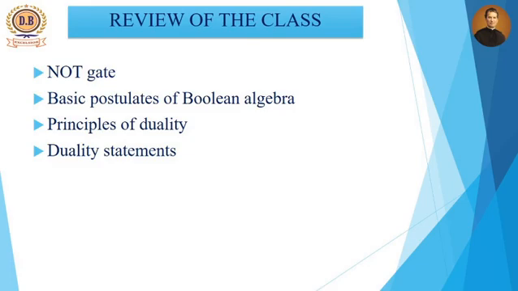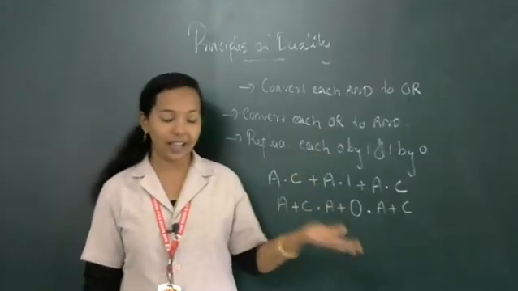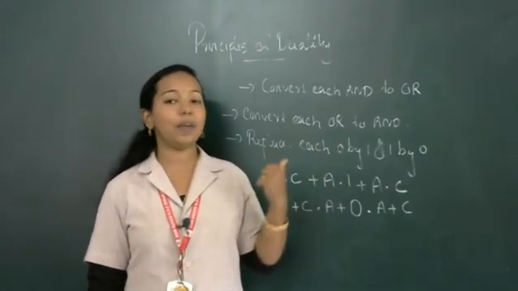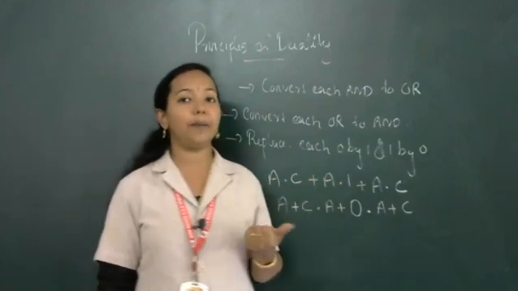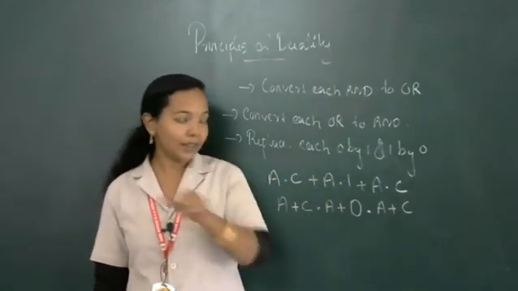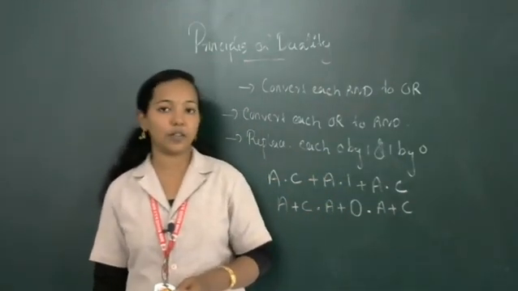After that, principles of duality. Principles of duality means we are changing every AND with OR gate and OR with AND gate, and the last one is replacing every 0 by 1 and 1 by 0. Clear?